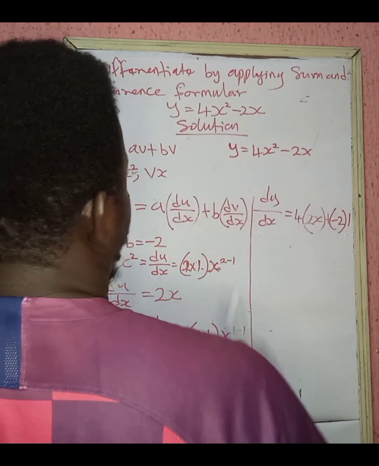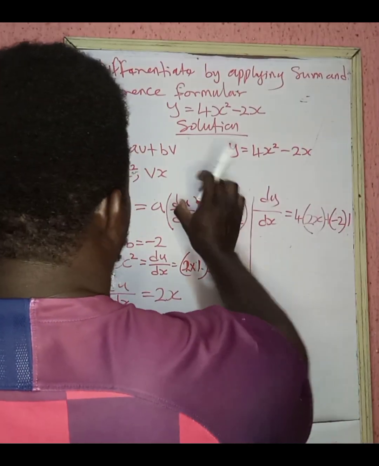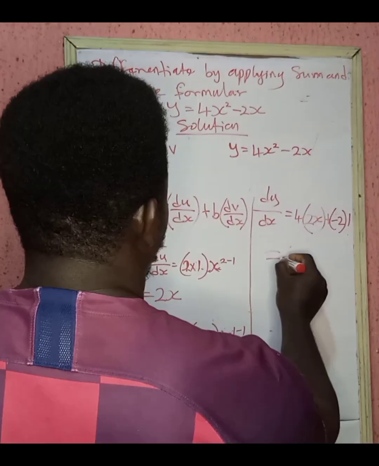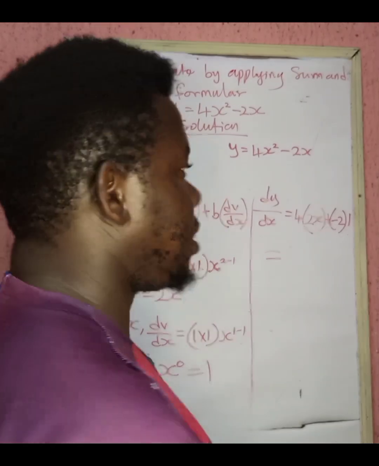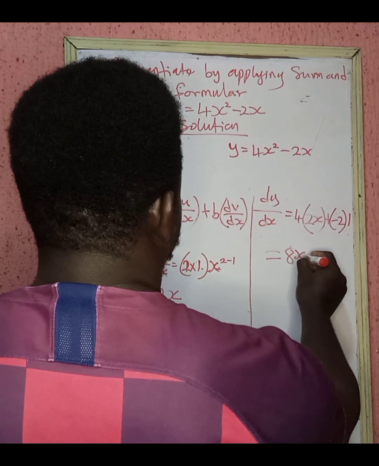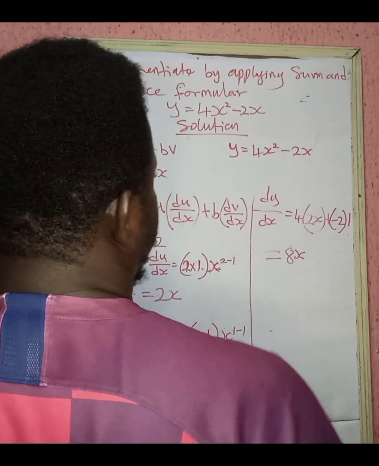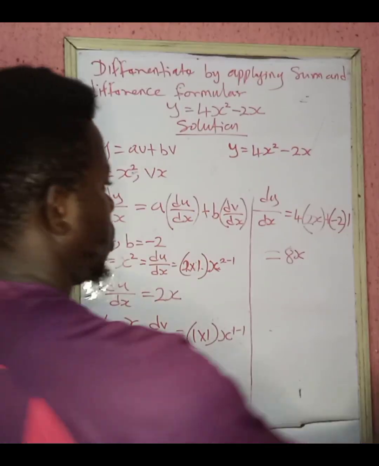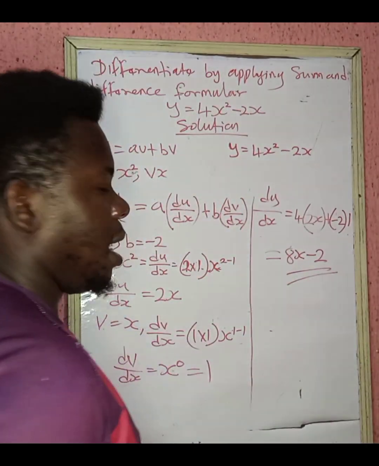Our b is minus 2. Then our dv over dx is 1. We are making use of this formula here. 4 times 2 gives us 8x, minus 2 times 1 will give us minus 2. And that's our final answer.